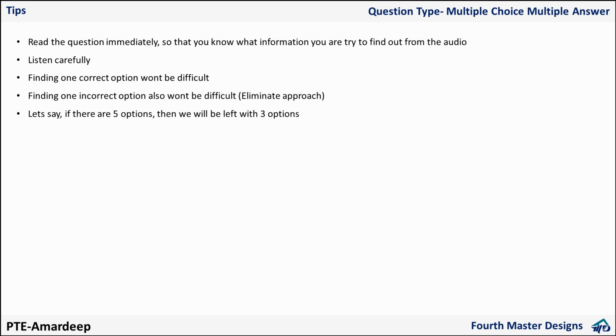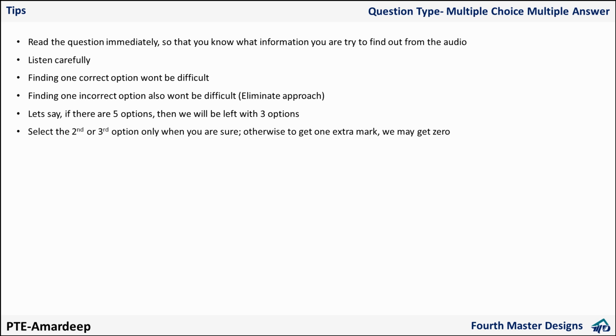Now probability of selecting correct or probability of eliminating incorrect ones is much more than with the 5 options or 4 options. Finding 1 out of 4 or 5 is very difficult, but finding 1 correct out of 3, maybe out of 2, is very easy. This is again very important.